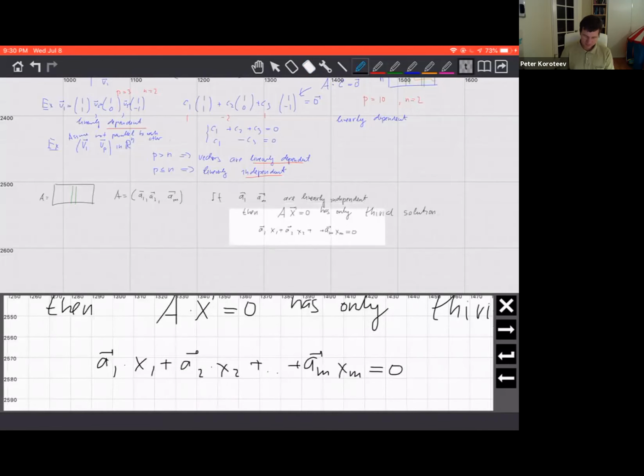So the fact that these vectors are linearly independent means that the only linear combination which is equal to 0 is the trivial linear combination, which forces all these numbers to be equal to 0. Okay. Does that make sense?